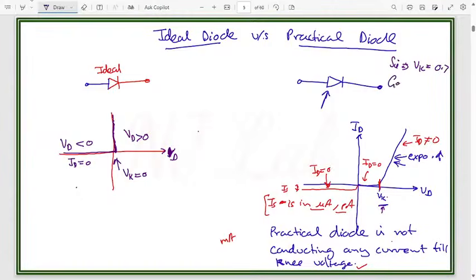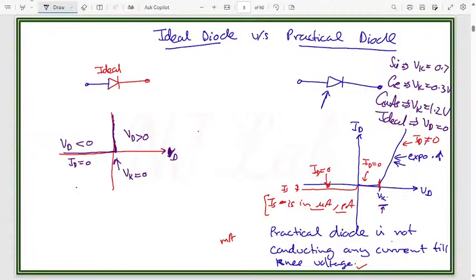For germanium, the knee voltage is 0.3 volt. For gallium arsenide, Vk is equal to 1.2 volt. But for the ideal diode, our Vk is assumed to be 0.